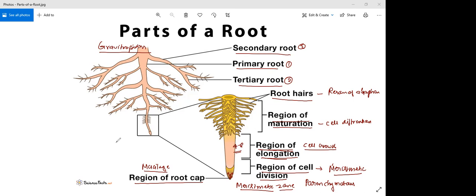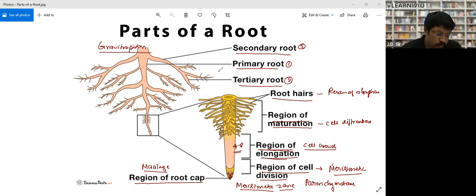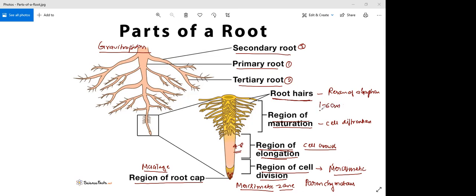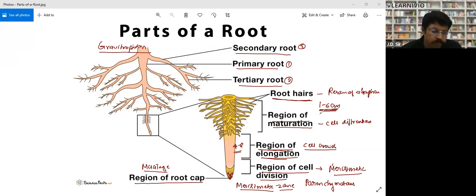Next, the root hair zone. The root hair zone is 1 to 6 centimeter in length.